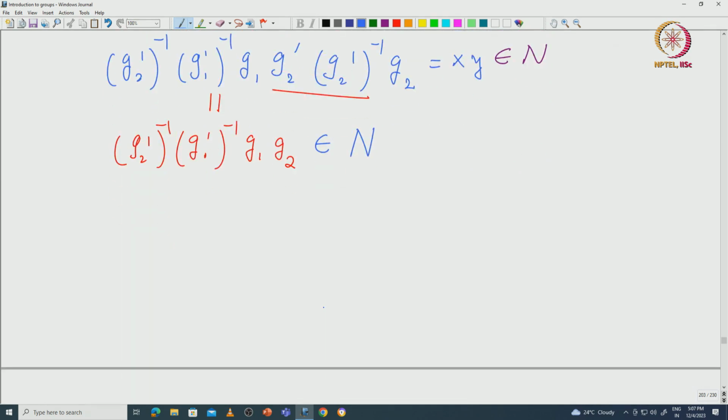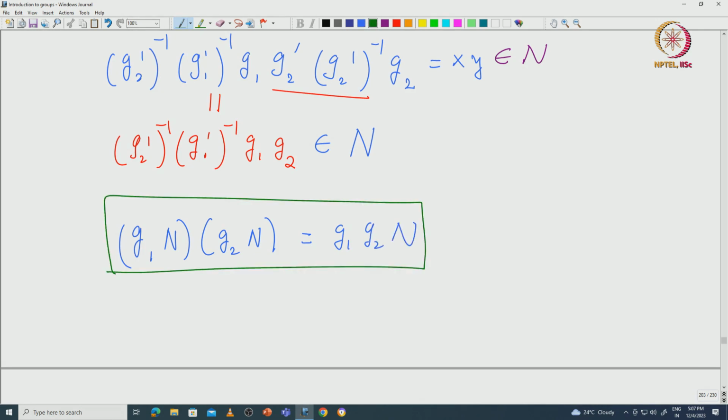So that means the product that we have defined, g1N times g2N defined to be g1g2N, is indeed a well defined product.